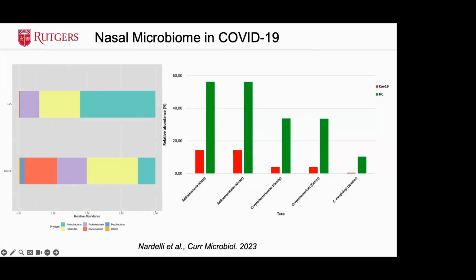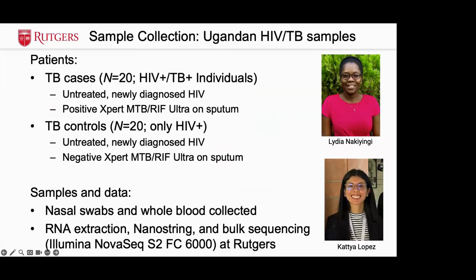Okay, awesome. So what I'm going to do is jump ahead to show you some of the work that we're actually doing, and I'll give you a highlight on some of these results. We've been working with our awesome team in Uganda, and we've now tried to study the nasal microbiome along with the host epithelial expression in the nose in individuals in Uganda, and we're looking at HIV positive individuals.